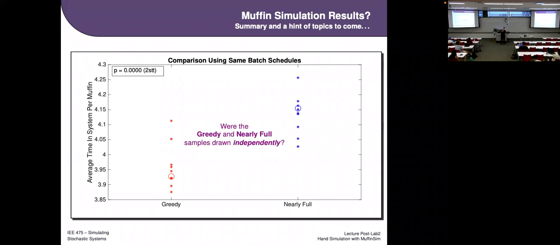And then I could have given each one of the digits, so those who end in 1 get a different greedy and a different nearly full, and so on and so forth. But because I gave you the same muffin schedule to use on both greedy and nearly full, I can't use a 2-sample t-test because each data point here is paired with a data point over here.